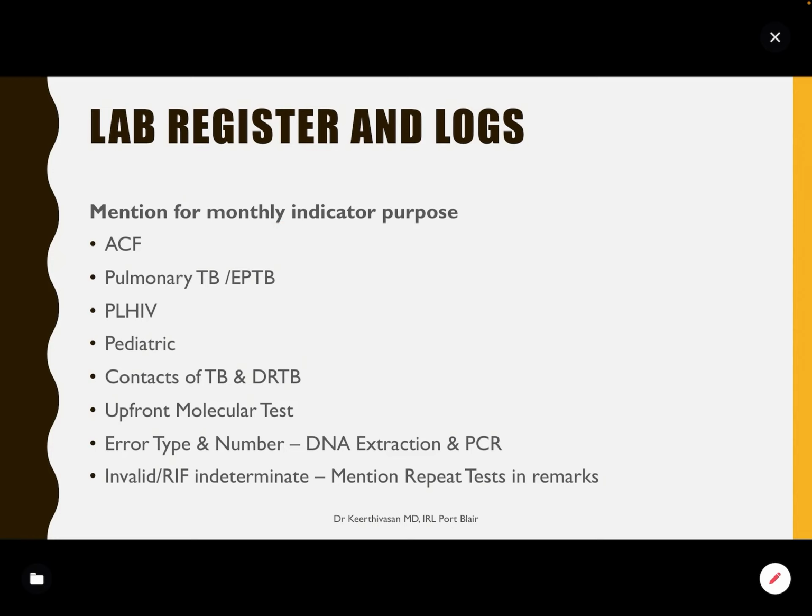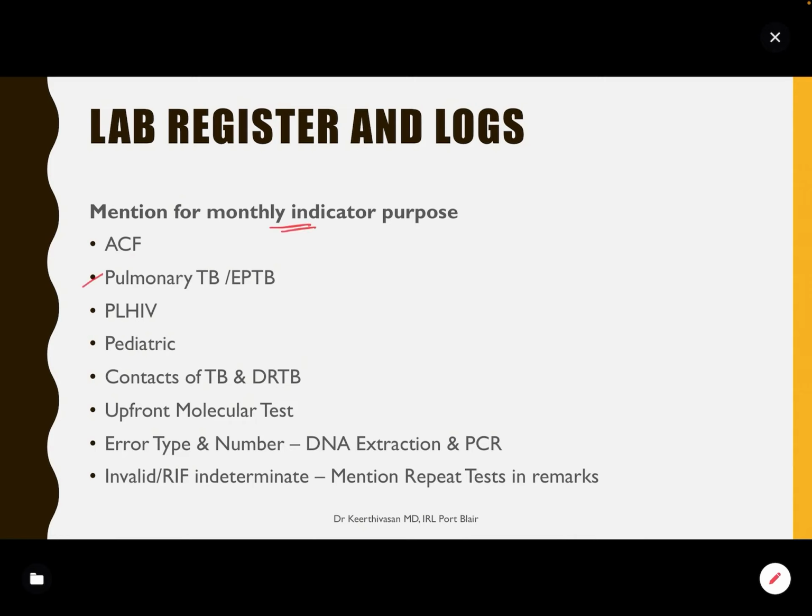If the sample which has been sent is part of ACF, inform the health visitors and all the other staff who carry out ACF to mention ACF on the top of the biological form. When ACF is written, you can write this in the category of MDR criteria. So you can write presumptive TB ACF, so that it will be useful for you to calculate that particular criteria in monthly indicators.